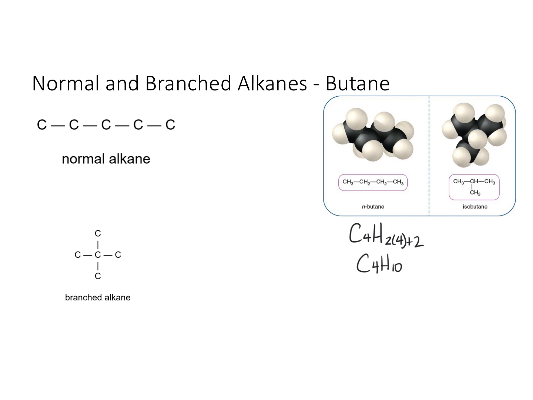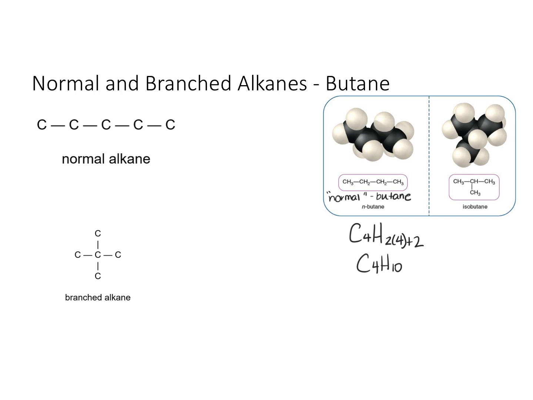Now, what we find here is that we can have 2 arrangements of these 4 carbons. We can have them all arranged in a line like this, which is called n-butane, and the n there stands for normal. So that would be normal butane. And that just means for us, a normal alkane is where everything is in a line.